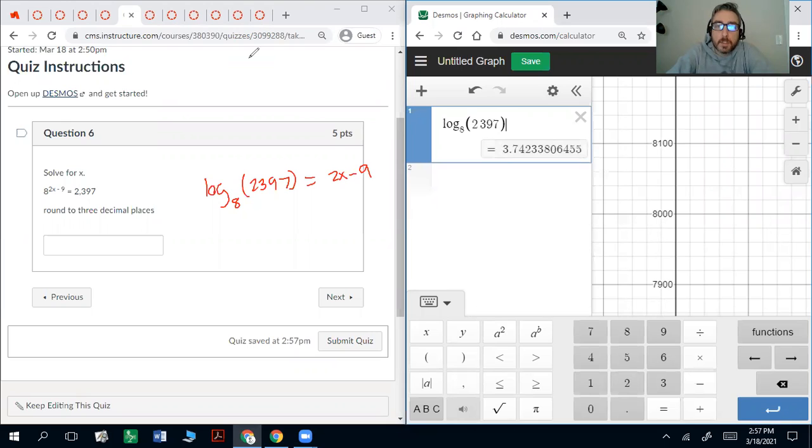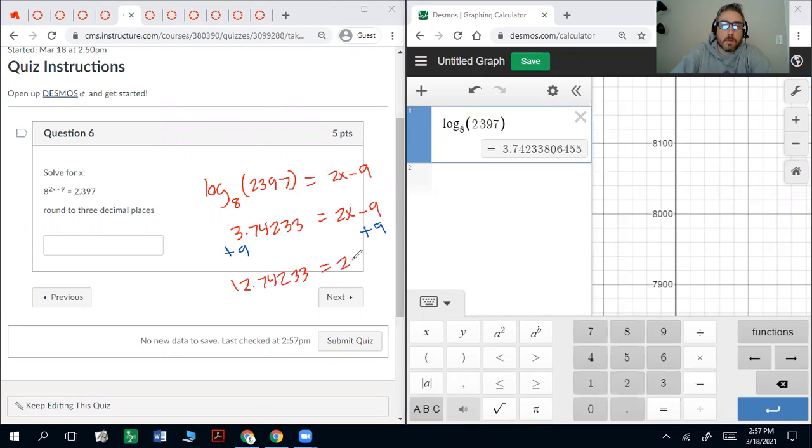So we're looking at 3.74233. Okay, we're going to add 9. So that's 12.74233. And we're going to divide by 2.